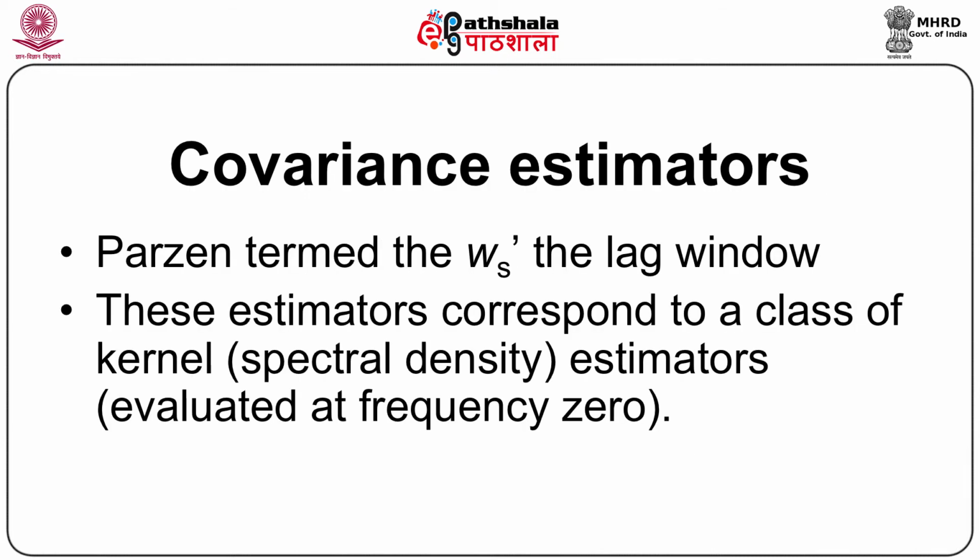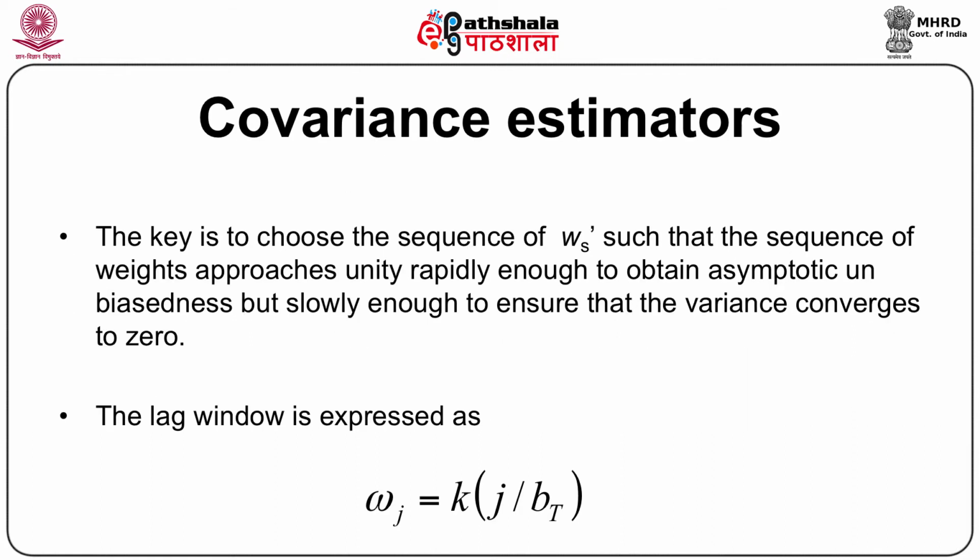So if you take such a W, you can rule out the possibility that the autocovariance function may grow over time. Now the key is to choose the sequence of weights such that the weights approach unity rapidly enough to obtain asymptotic unbiasedness, but slowly enough to ensure that the variance of the convergence goes to 0.